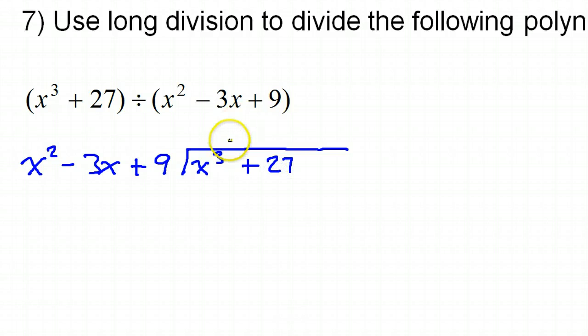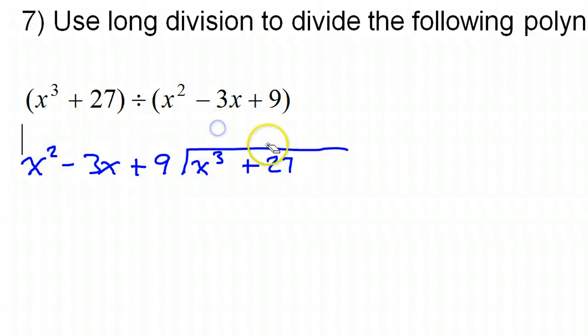Now, this was bothering some students because this one seems so long and this one seems so small, and normally don't you want the smaller one out here? But you're looking at the wrong thing if that's what you were thinking about, because you need to be looking at the degree. Alright, we're dividing the larger degree polynomial by the smaller degree polynomial.